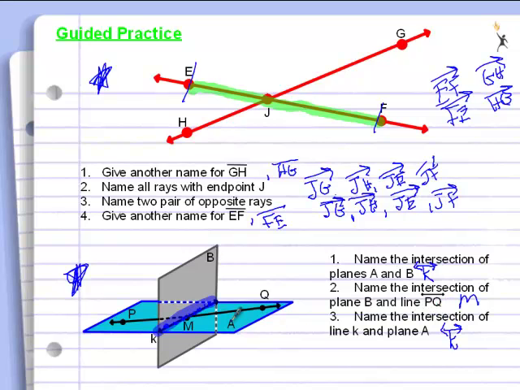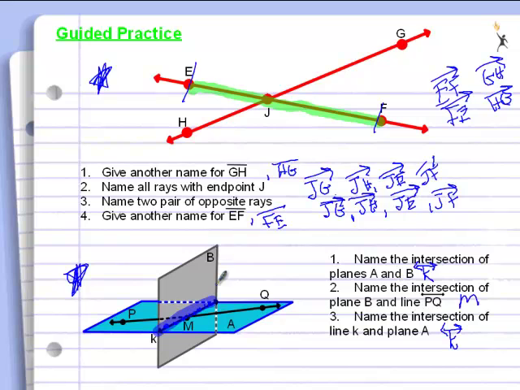If plane A is a bucket of paint and line K is a stirring stick or something, if the entire stirring stick is inside the paint and you pull it out, the whole thing's going to be covered with paint. That's because the whole thing was inside the paint or inside the plane at some point. So all of line K intersects with plane A.